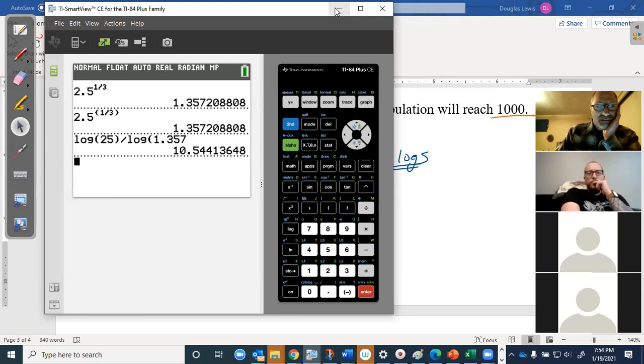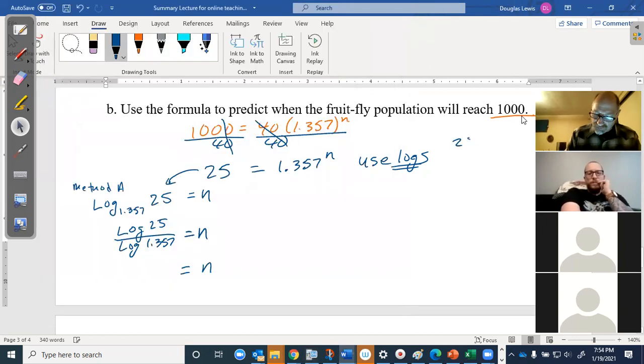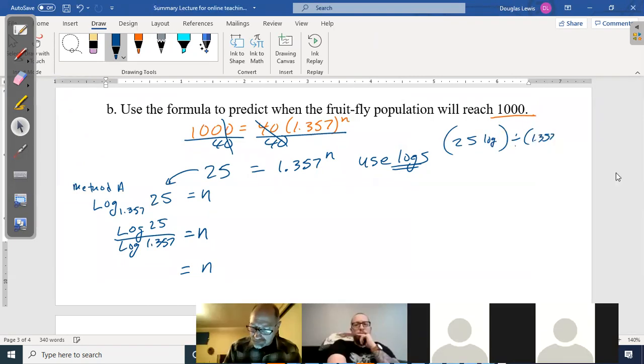On those calculators, you can go 25, then your log key, and put those in parentheses, divided by 1.357 log also. This is the old style. Really old style.